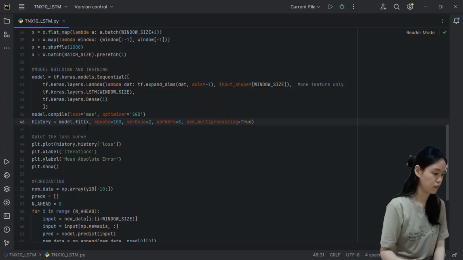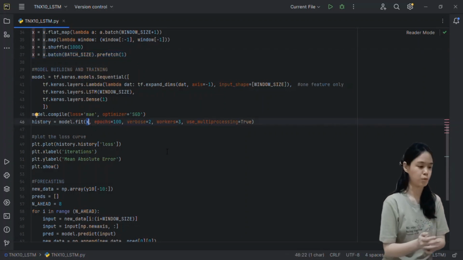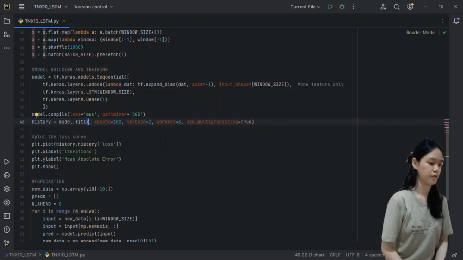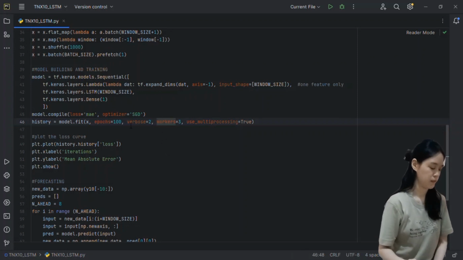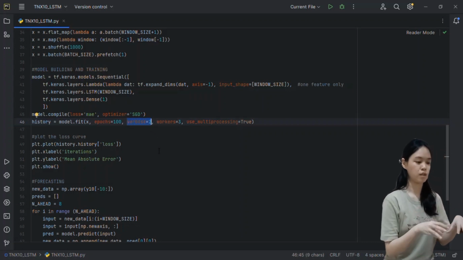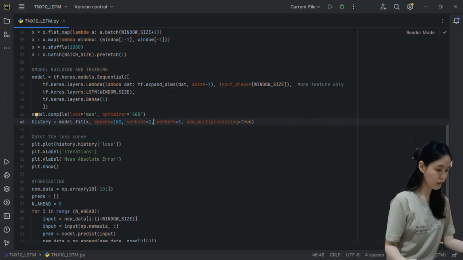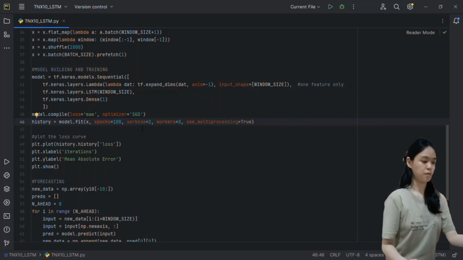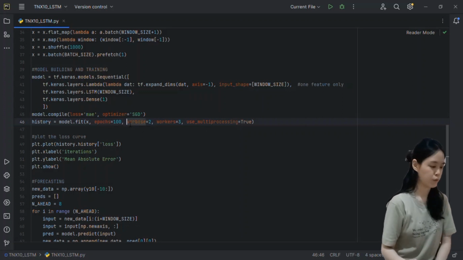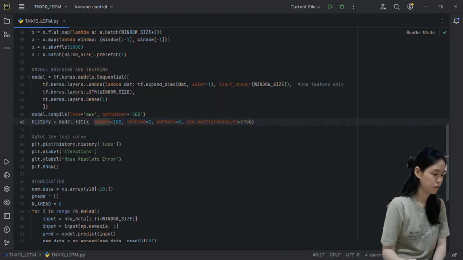And then this is the data set. So X here is already including the input and the output. That's why we have that X. Okay, so the verbosity is just setting how I want it to be printed out, and I set it to be 2. You can check out the documentation of TensorFlow for knowing about these arguments.